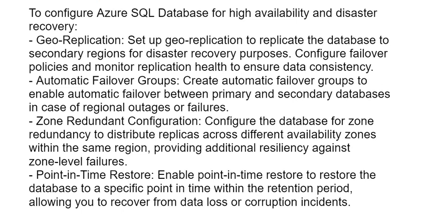Configure the database for zone redundancy to distribute replicas across different availability zones within the same region, providing additional resiliency against zone level failures. And the last one is point in time restore. Enable point in time restore of the database to a specific point in time within the retention period, allowing you to recover from data loss or corruption incidents.